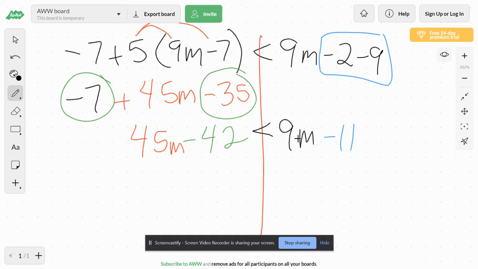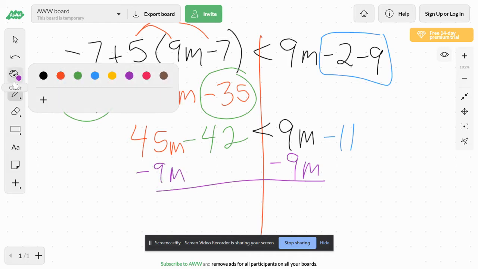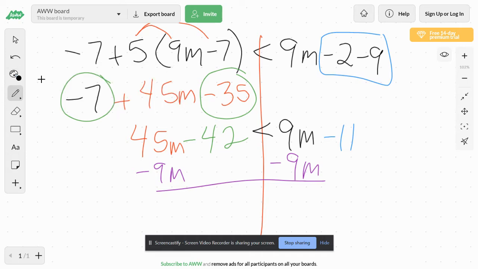Now, what I would do to solve this is you have variables on both sides, so pretty simple enough, just minus 9m from both sides. And you get 36m. And I bring down the negative 11.